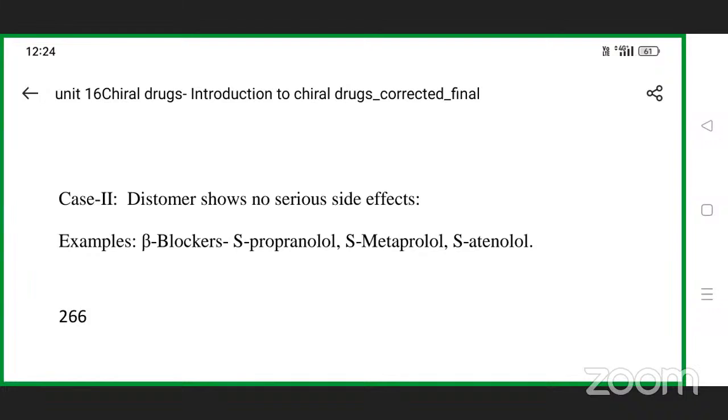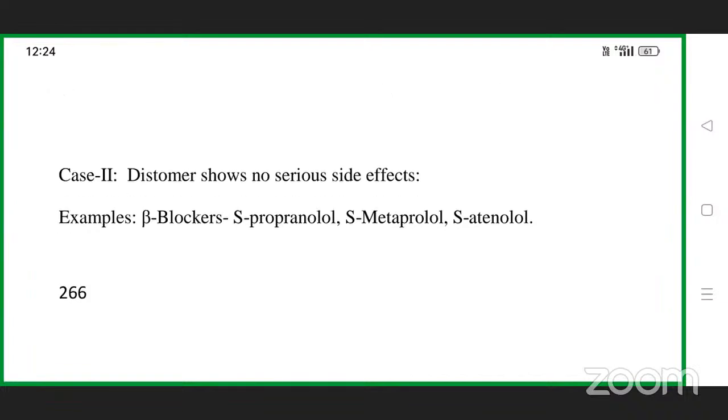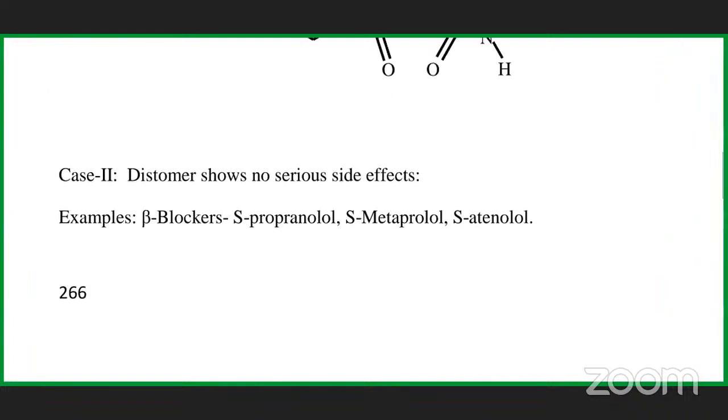Example: you see the beta blockers like S-propranolol, S-metoprolol and S-atenolol. All these are beta blockers, meaning antihypertensive drugs only, and they act as beta blockers here.